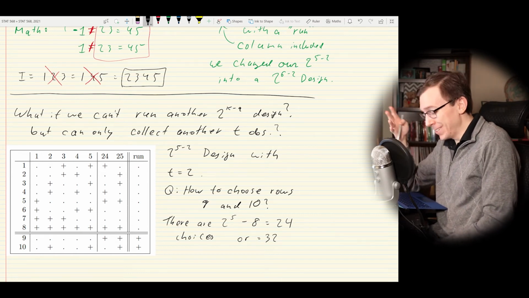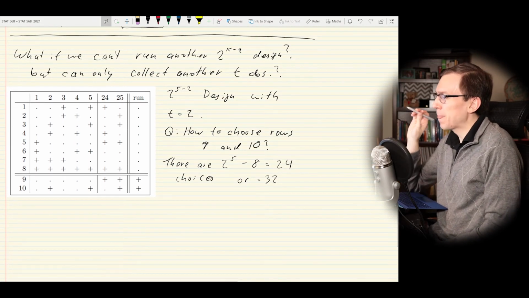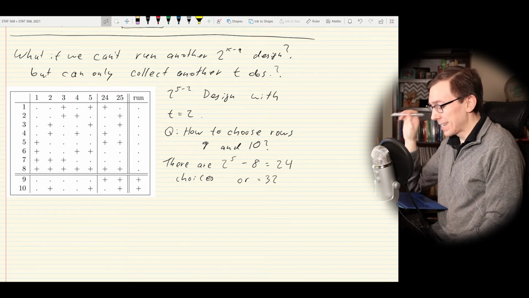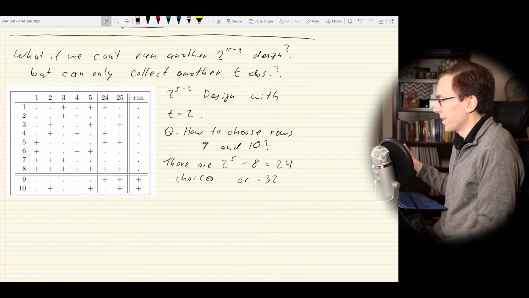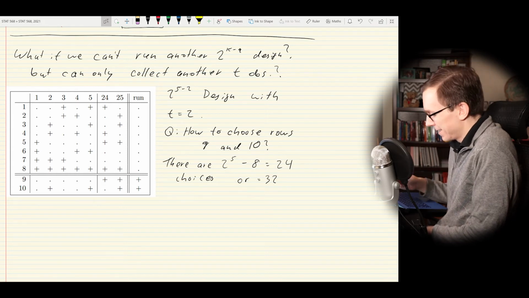how do we choose those rows? And we choose them now with respect to some type of design criterion.